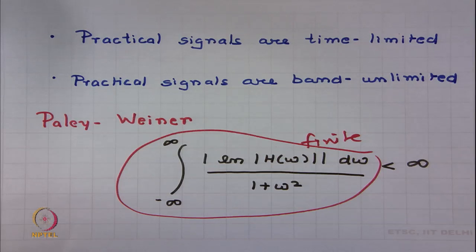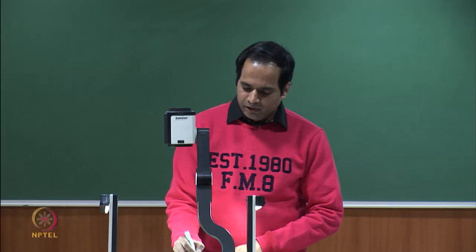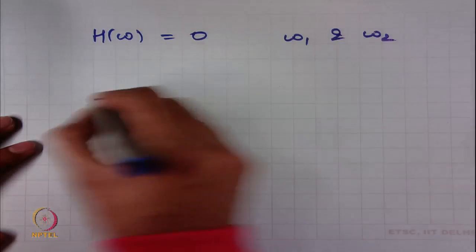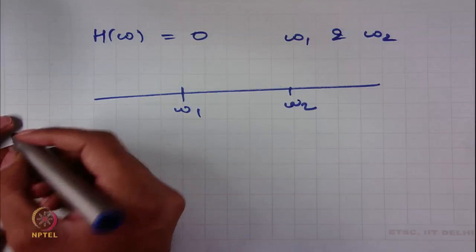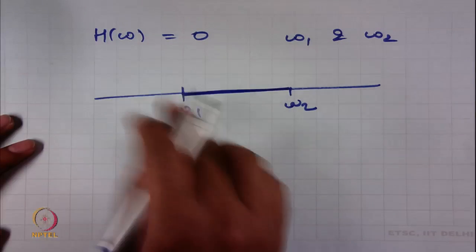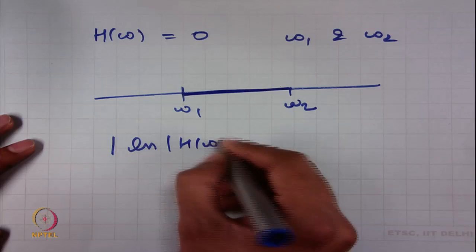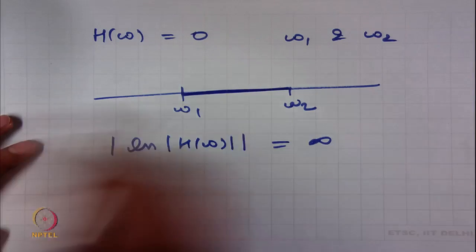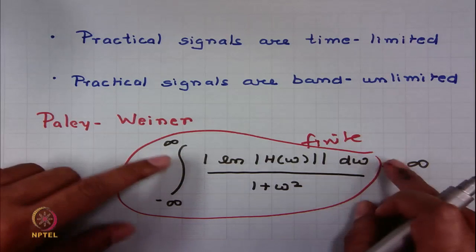In other words, it says that if, let us say, H(omega) is 0 between two frequencies omega 1 and omega 2, then in this frequency range mod of ln mod of H(omega) will be infinite, and hence this integration would become infinite.